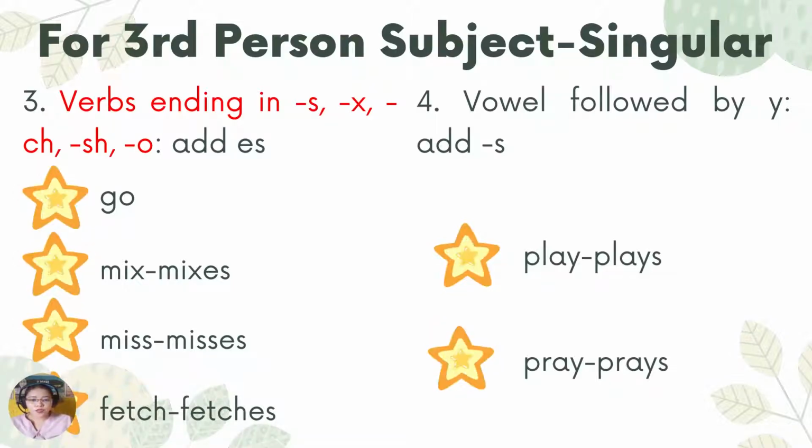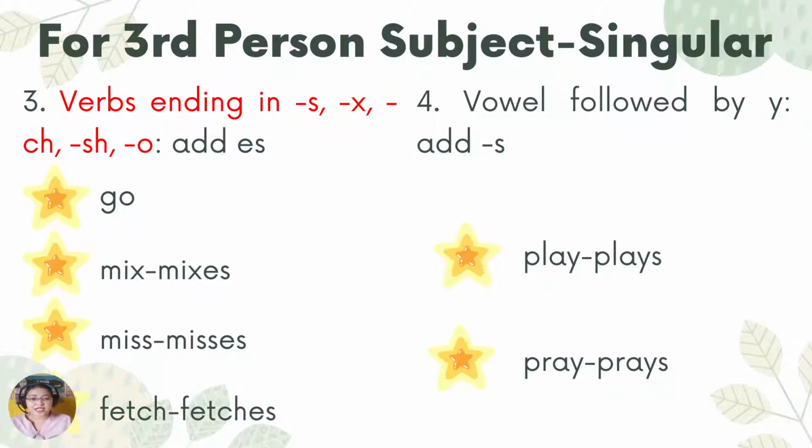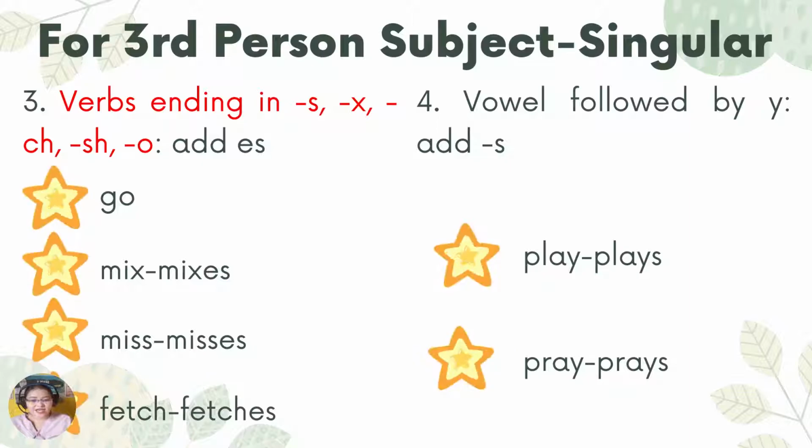The third rule, if the verbs end in s, x, ch, sh, or o, we add es, like go will become goes, mix, mixes, miss, misses, fetch, fetches.